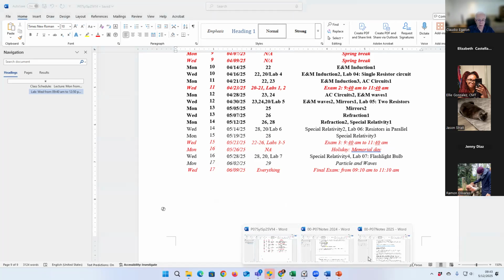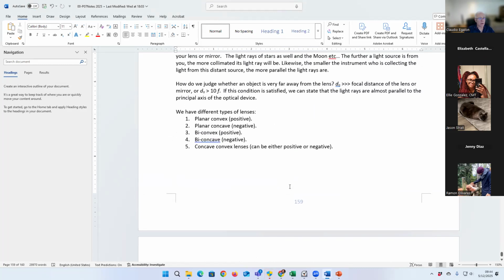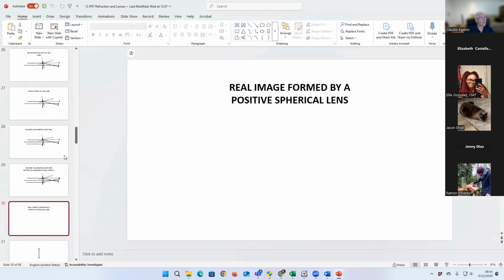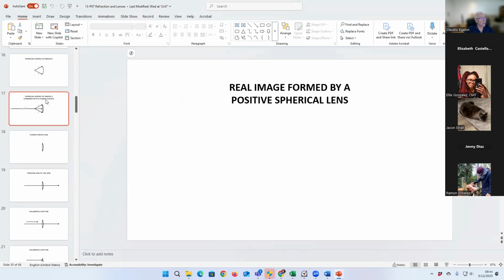Let's go to our notes. We're talking about different types of lenses. Planar convex is this lens here that I showed to you.